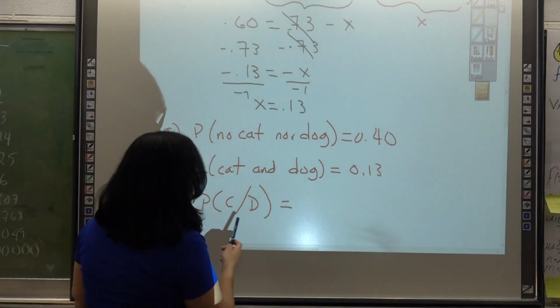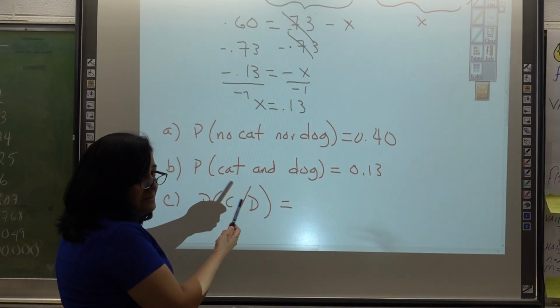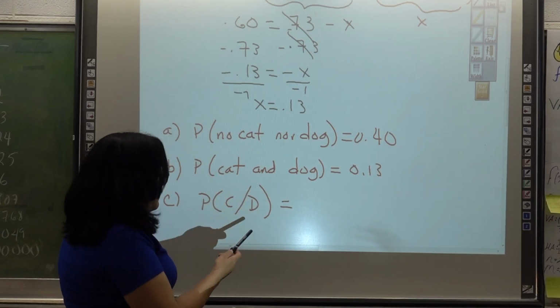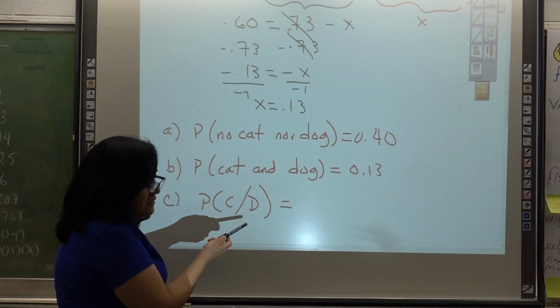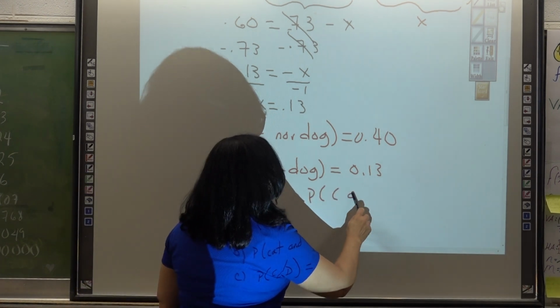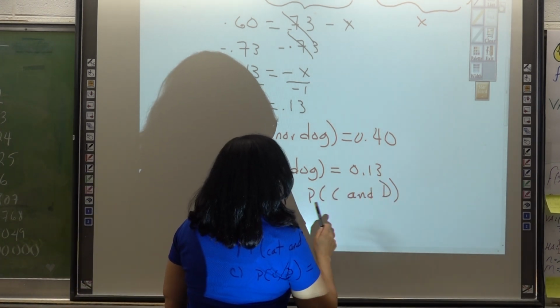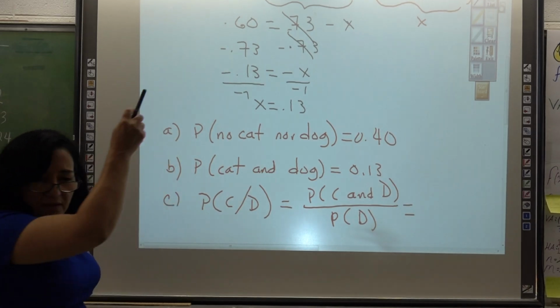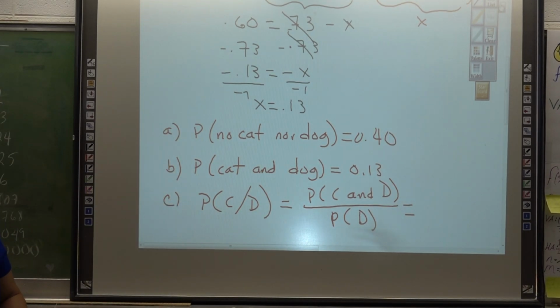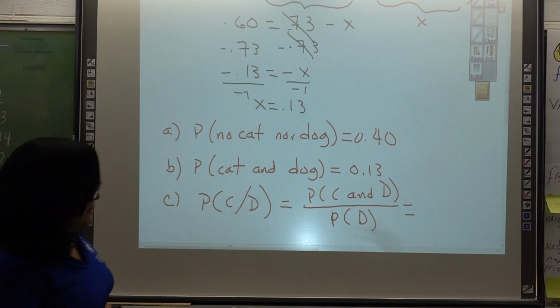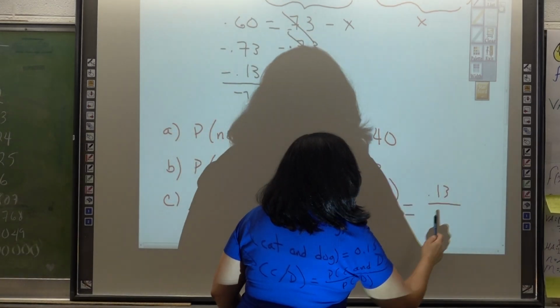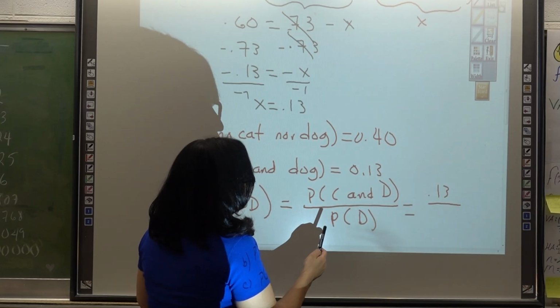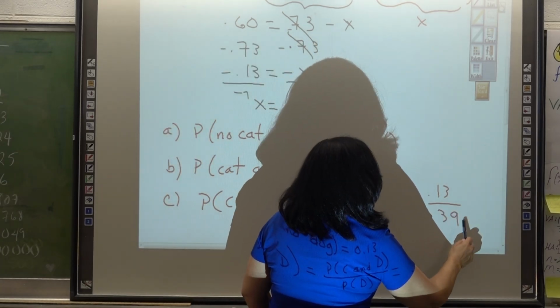The formula for this is the probability of these two happening, C and D, divided by the probability of the bottom one, which is D. Probability of C and D over the probability of D. And we have these numbers already in the diagram. C and D, we said, is 0.13, over probability of dog, which is 0.39. This is 1/3.